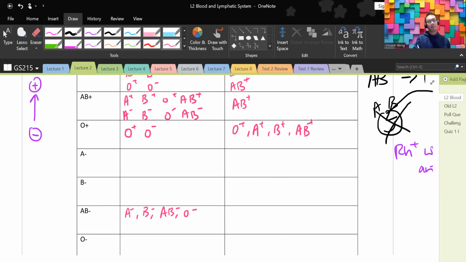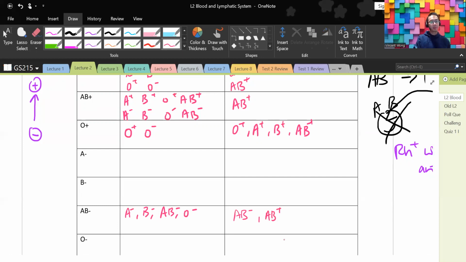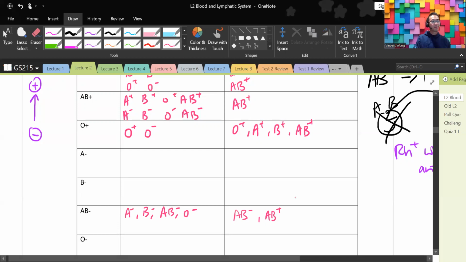You can only receive from other negatives, right? Who can you give to? If you're AB, you can only give to other AB. But since you're negative, you can give to both negative people as well as positive people.